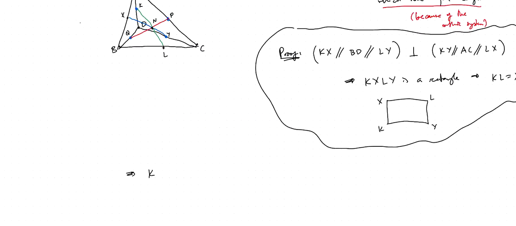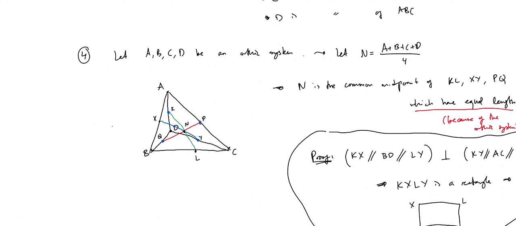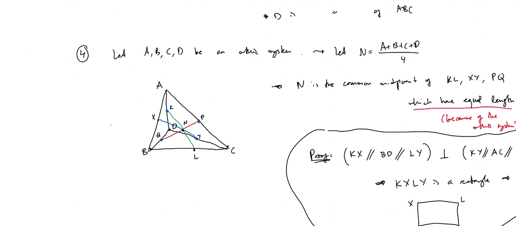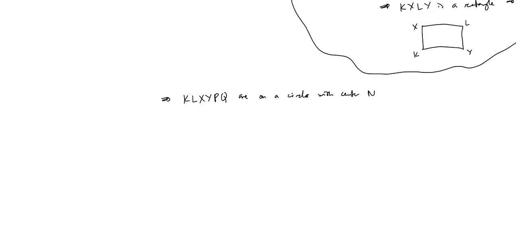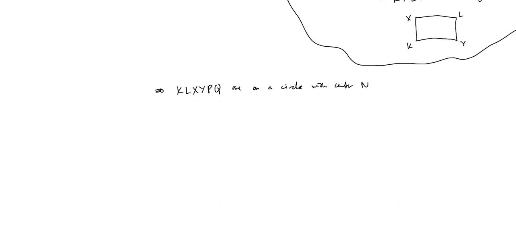K, L, X, Y, P, Q are on a circle with center N. So KL, XY, PQ are diameters. So since these are diameters, there are more points that you can easily derive from the figure to be on the circle.